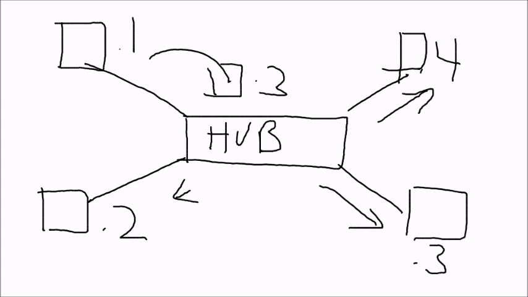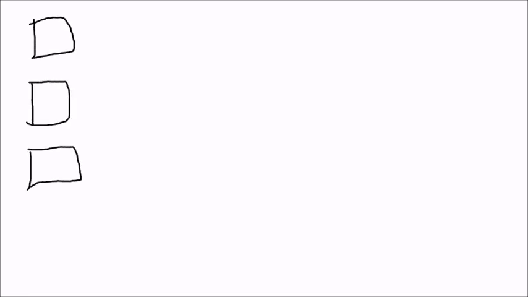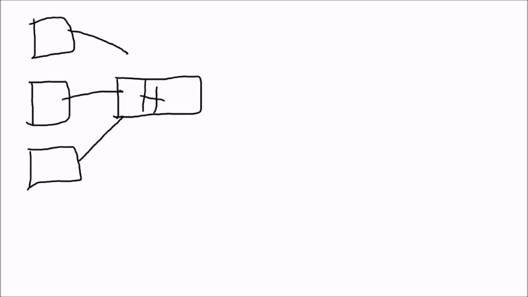Okay? So what happens in this case, we're going to erase this again and start over, is I have my 3 computers here, I have my hub, mark this with an H for a hub. I'm going to connect each one of my computers to my hub. This one is .1, this one is .2, this one is .3.